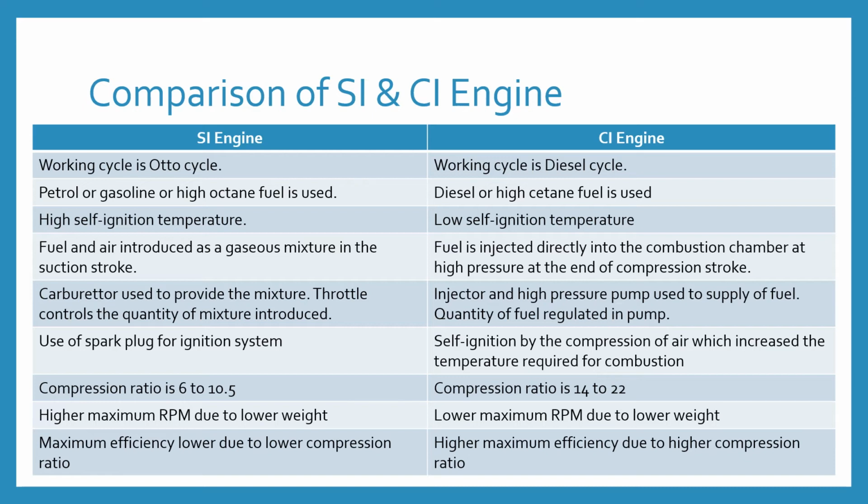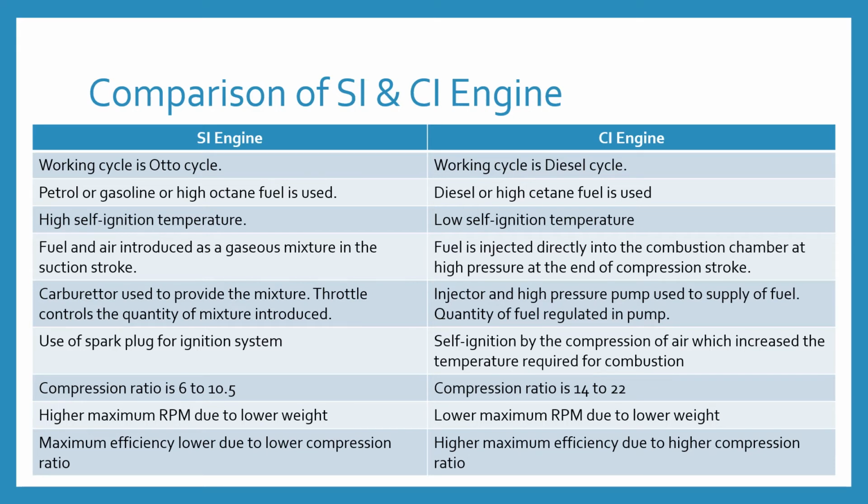In the SI engine, a carburetor is used to provide the mixture, and the throttle controls the quantity of this mixture which is introduced during the suction stroke.